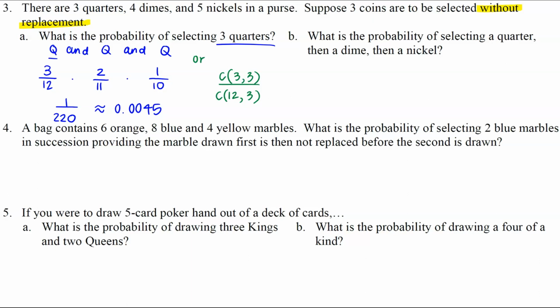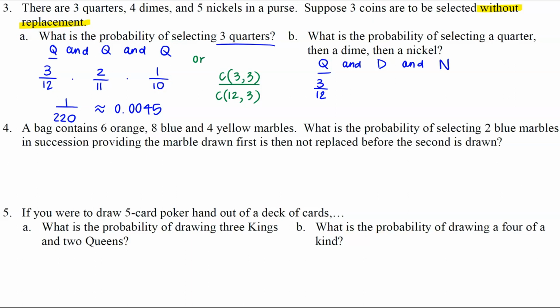For example B, what is the probability of selecting a quarter, then a dime, then a nickel? So I want to select a quarter, and then a dime, and then a nickel. For the probability of selecting a quarter, of the 12 total coins in my purse, 3 of them are quarters, so it's just a 1/4 probability.